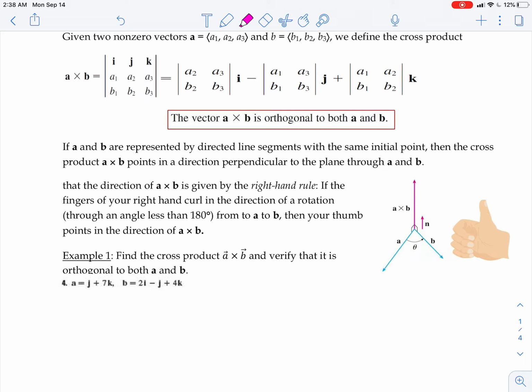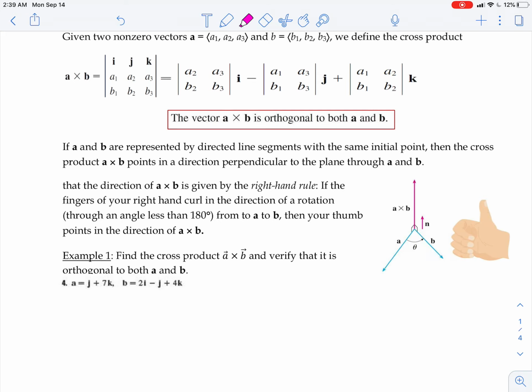The vector A cross B is orthogonal to both A and B. If A and B are represented by directed line segments with the same initial point, then the cross product A cross B points in a direction perpendicular to the plane through A and B. The direction is given by the right-hand rule.